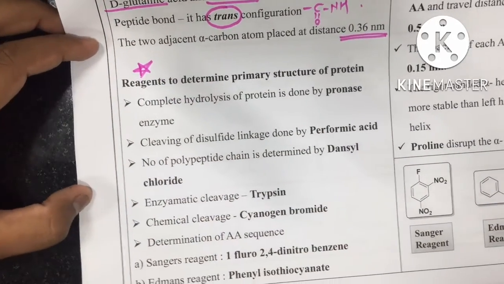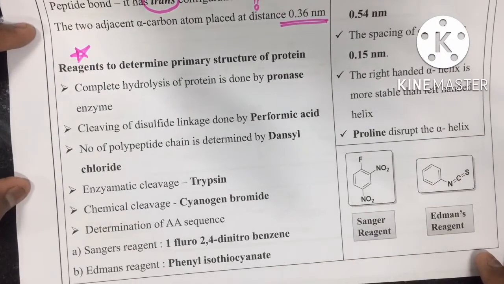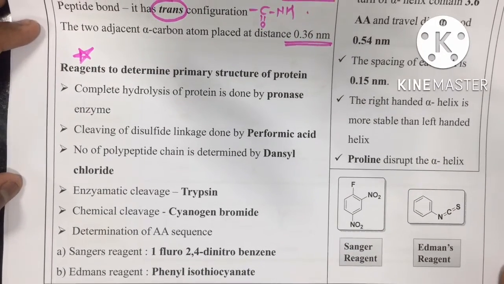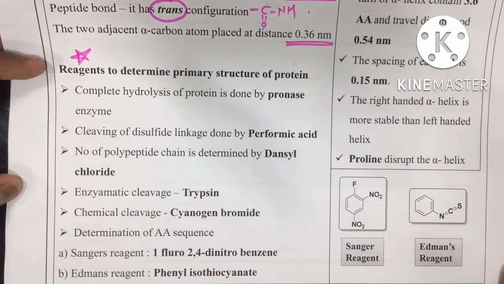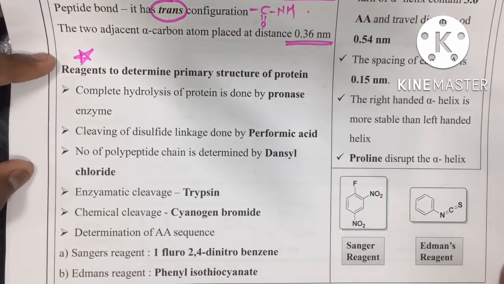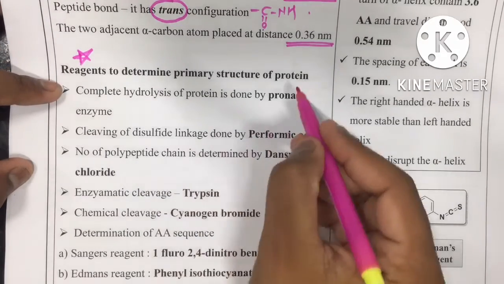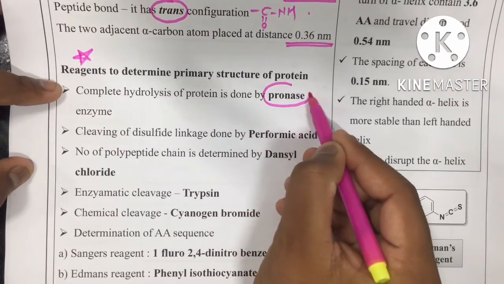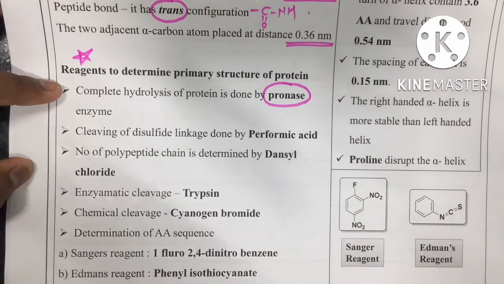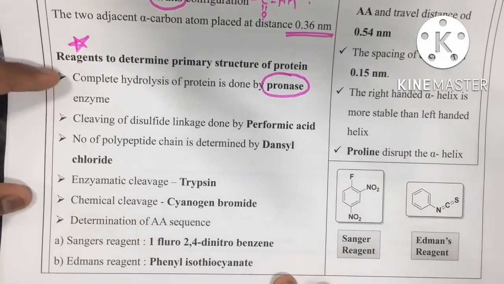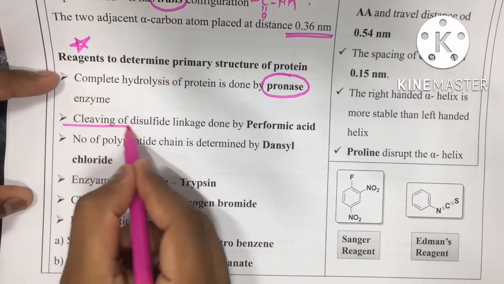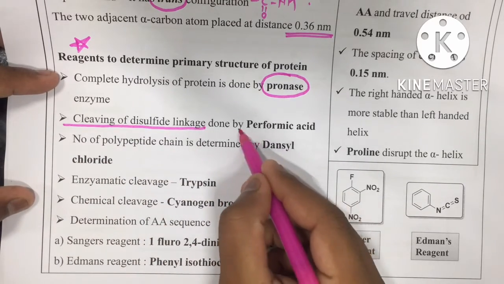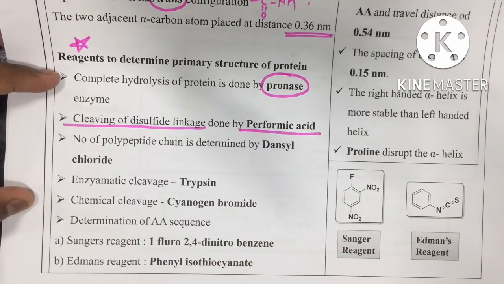Reagents to determine the primary structure of the protein, right? So how do we determine the primary structure of protein? First point, complete hydrolysis of protein is done by the enzyme pronase. The next point, cleavage of disulfide linkage is done by performic acid, right?